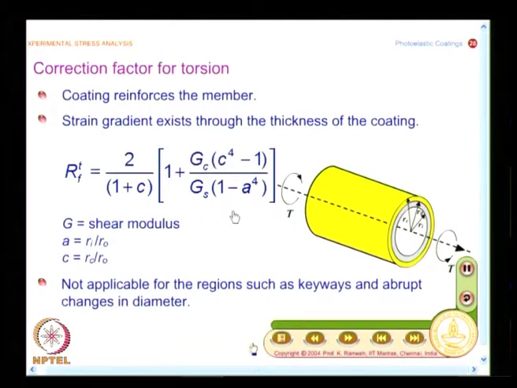And what do you get finally? This is not applicable for regions such as keyways and abrupt changes in diameter. In fact, when you take any practical shaft, it will have keyways, it will have changes in diameter. So, in all those cases this correction factor is not applicable. So, this is the contradiction.